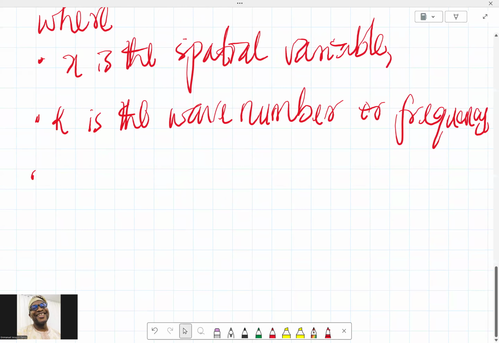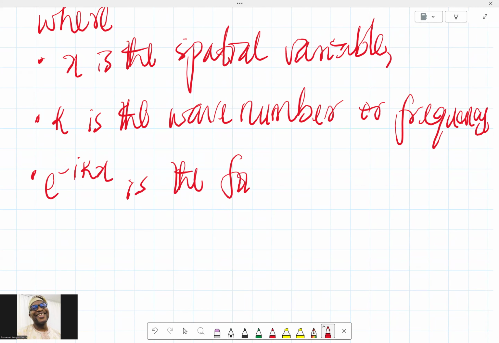Then we have e raised to minus ikx, which is the Fourier kernel.